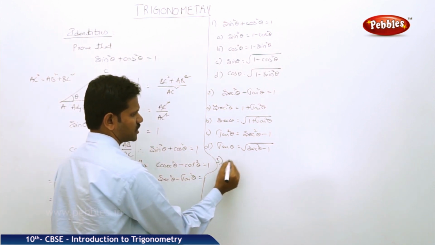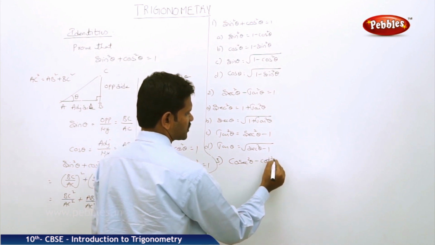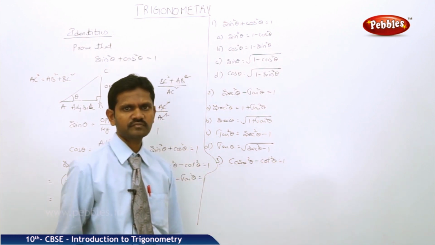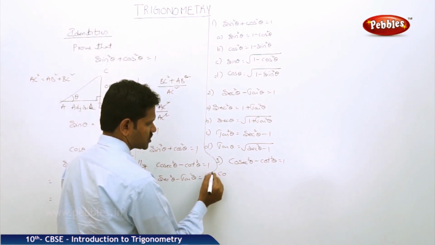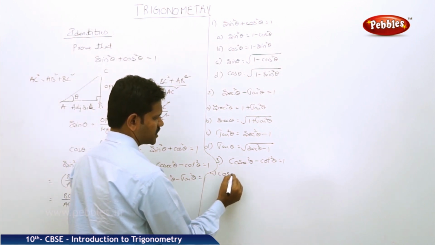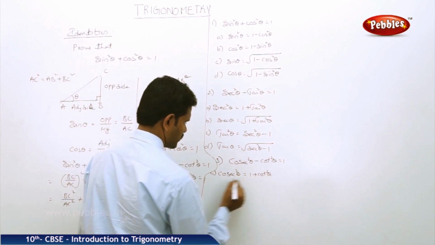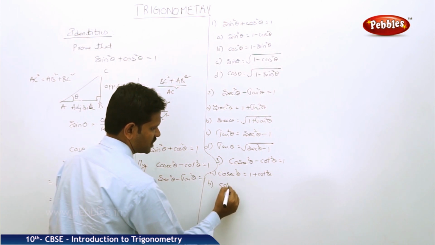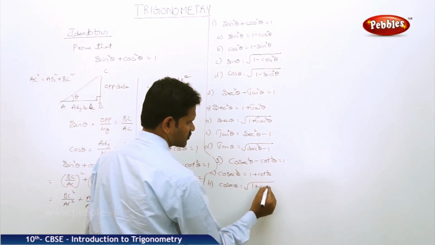Next, identity number 3, cosecant square theta minus cot square theta is equal to 1. Now sub identity A, cosecant square theta is equal to 1 plus cot square theta. Cosec theta is equal to root over 1 plus cot square theta.